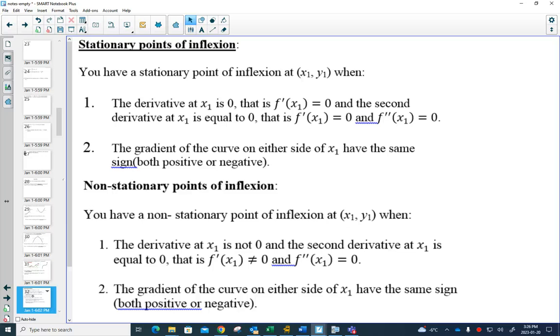And you can show that the second derivative is equal to 0 at that point. So both the first derivative and the second derivative are equal to 0 at the same point. You most likely have a stationary point of inflection, but you still need to show that it changes from concave up to concave down. Okay?